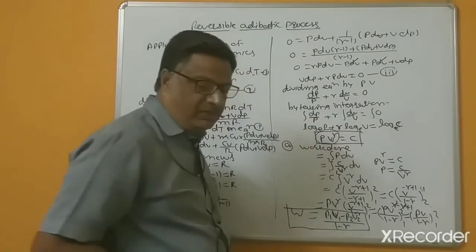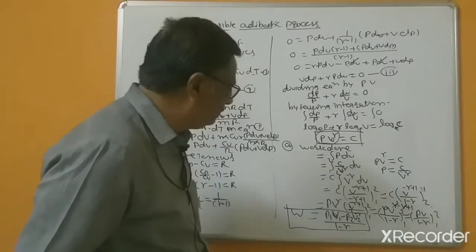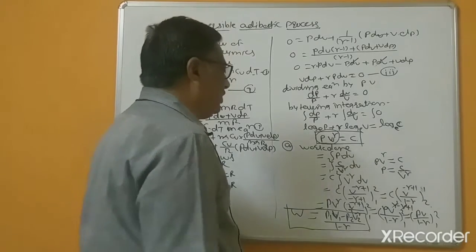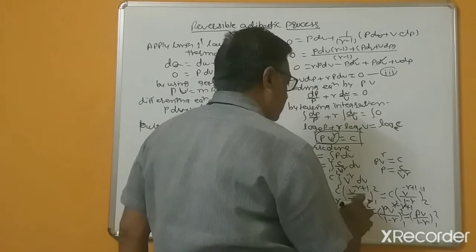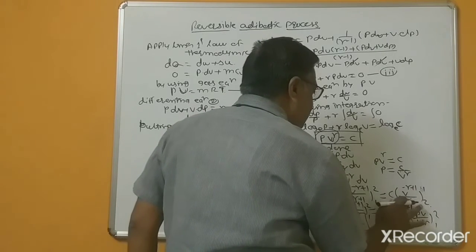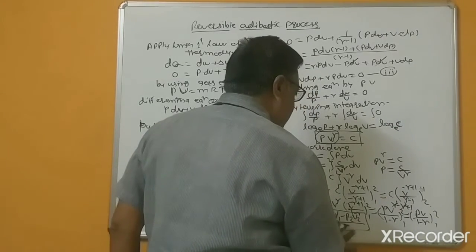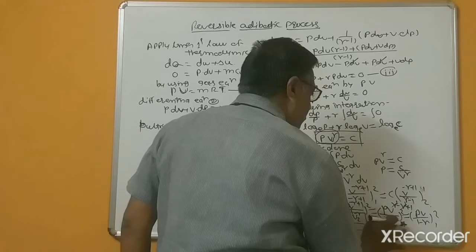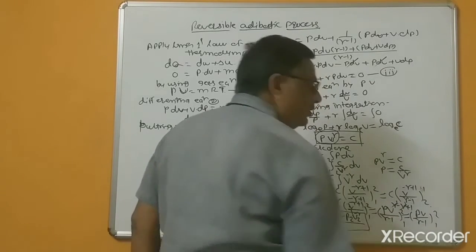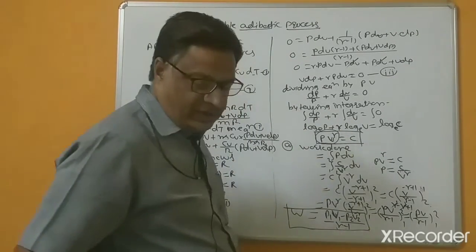Sorry, by change of the sign, this is gamma minus 1, not 1 minus gamma, because gamma is 1.4. So this is gamma minus 1.